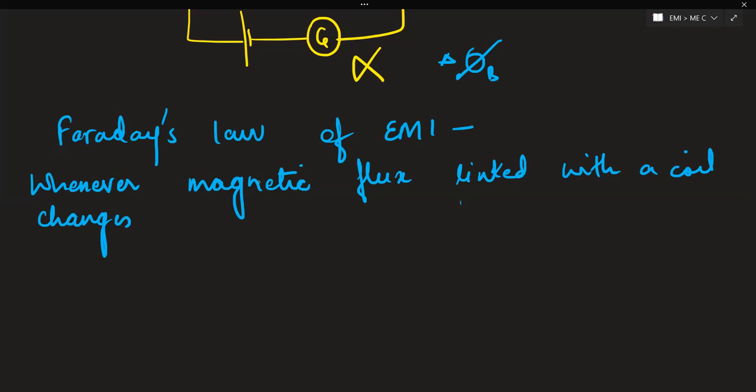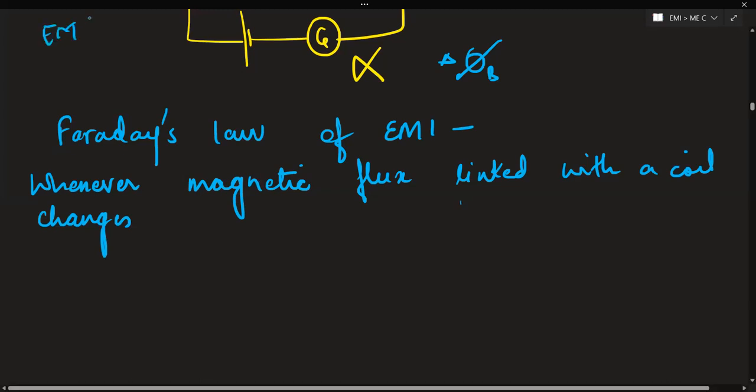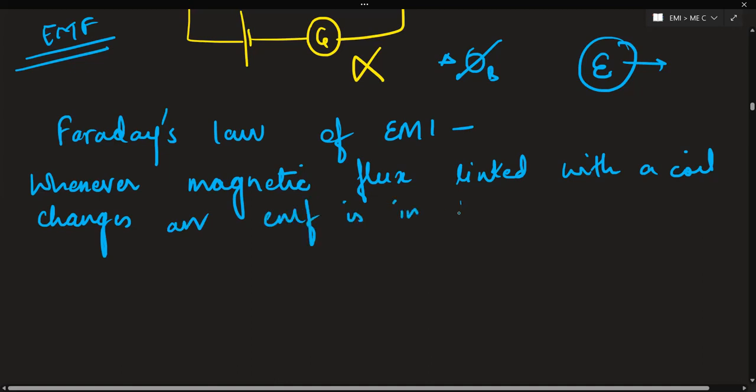That same EMF you have studied earlier in current electricity. There's a change in that EMF, and the induced EMF is produced in it. This is the first point.